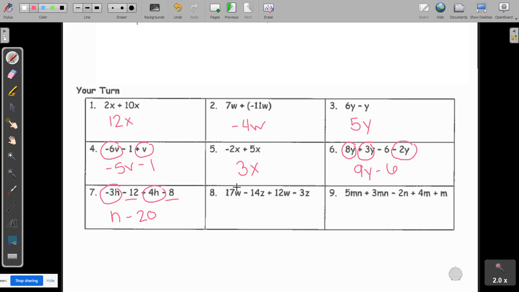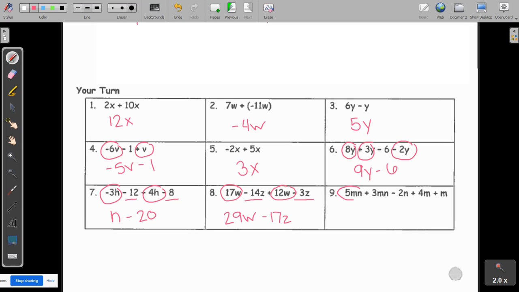We have w's and z's. So combine your w's. 17w plus 12w gives us 29w. We have negative 14z minus 3z, which gives us negative 17z. Our last one, we have mn and mn.